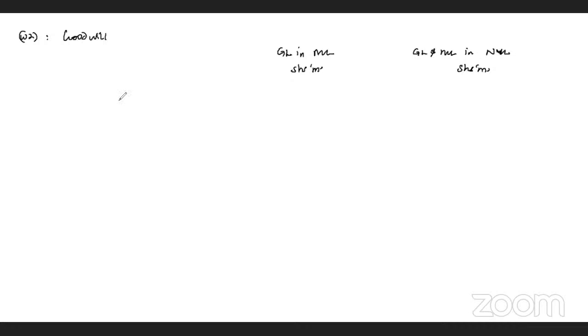Okay, calculating goodwill. When it comes to calculating goodwill, we start by getting the consideration transferred. Of course, we have what we call direct purchase considerations. From the question, GL paid 625 million to acquire shares in ML.